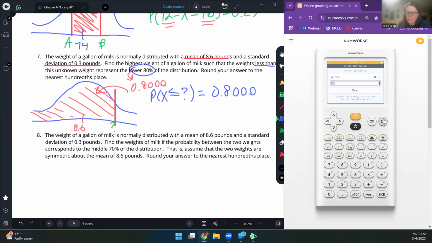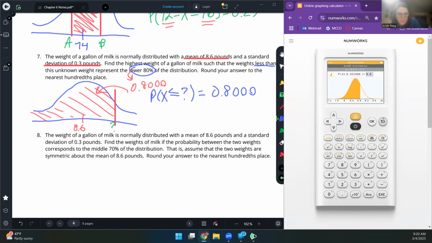The standard deviation is 0.3. And it's already set up to less than X. When you mess up and you have something, just put a number in. It doesn't matter because I'm going to go over here in a second anyways and find the answer and retype it. So 0.8000, it just automatically shoots it over to 0.8. That's fine. And nearest hundredth place.